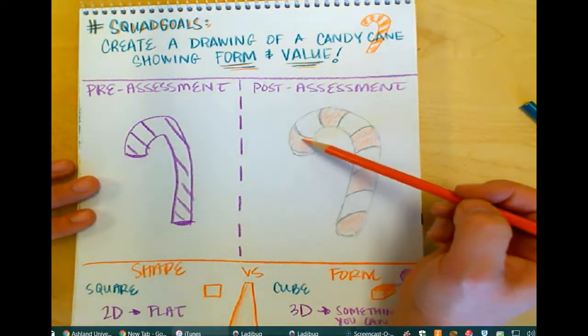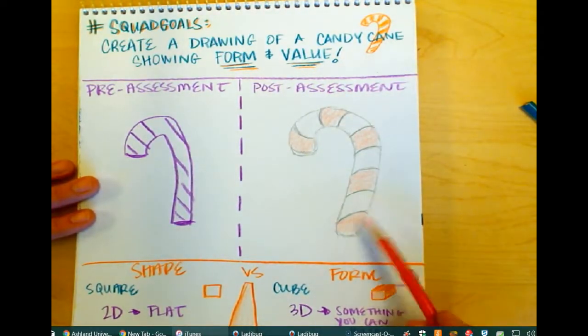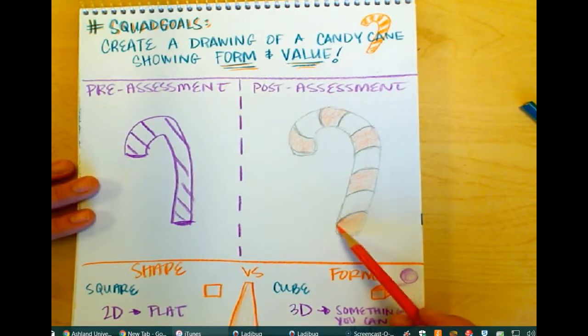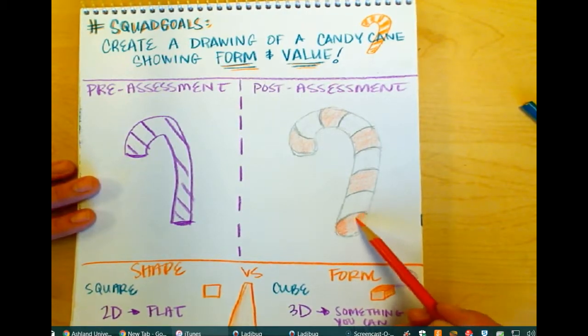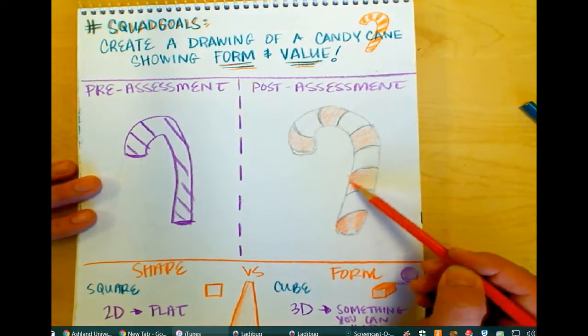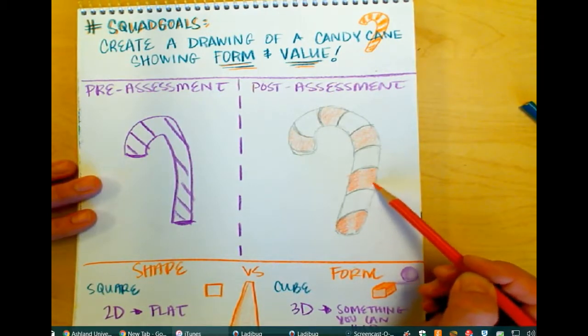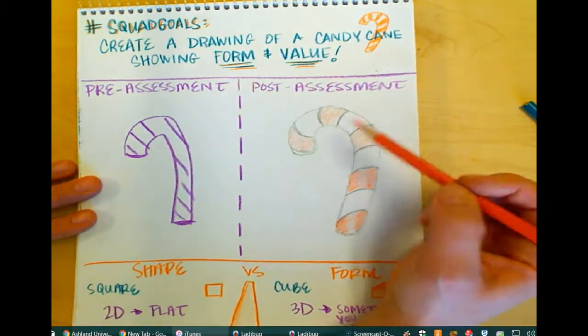Now I want this white stripe down the middle to kind of show a reflection. So what I'm going to do next is I'm going to keep using the side of my colored pencil, but add a little bit more pressure to make a medium value on the sides. And you want that medium value to gradually blend into that light value.